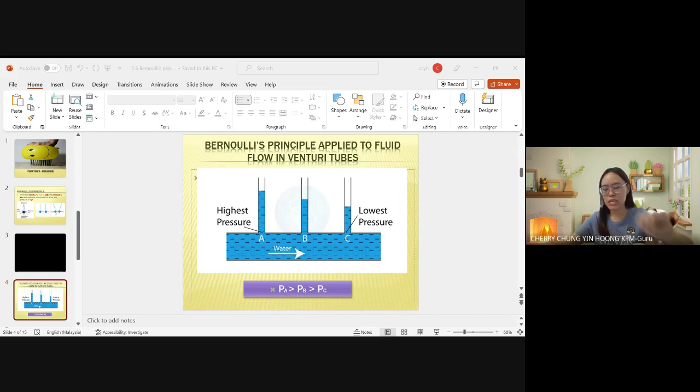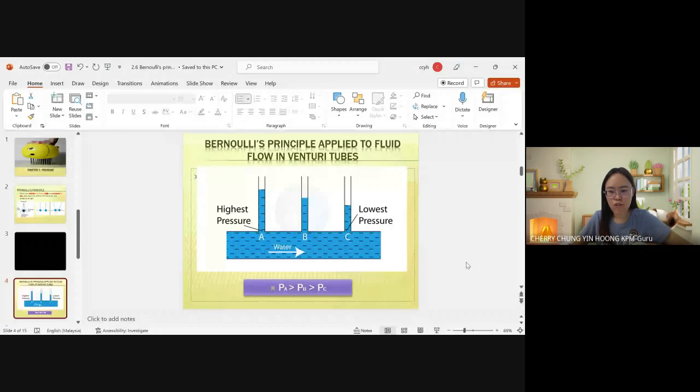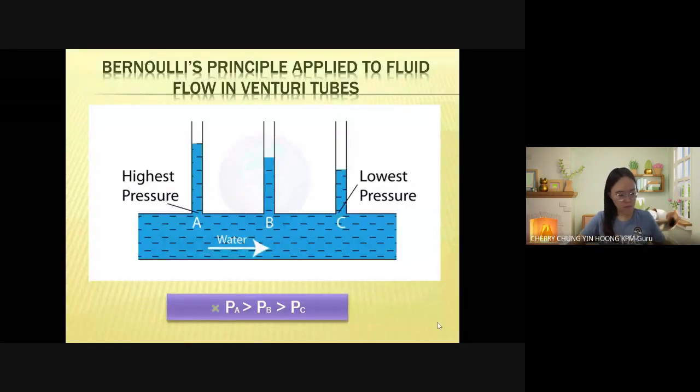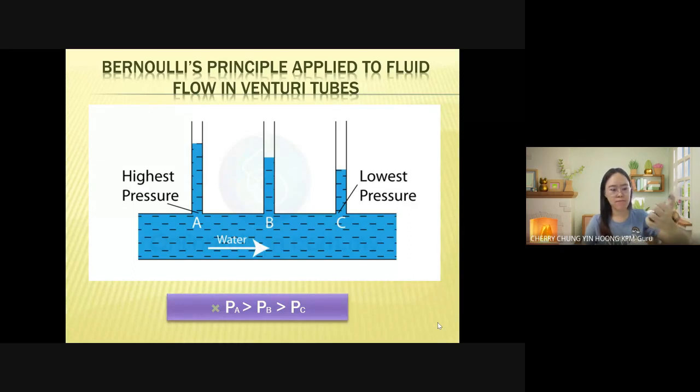Okay, that's the fourth one. Good. Now let's look at page 54. As a result, the conclusion: as the velocity increases, the pressure decreases.